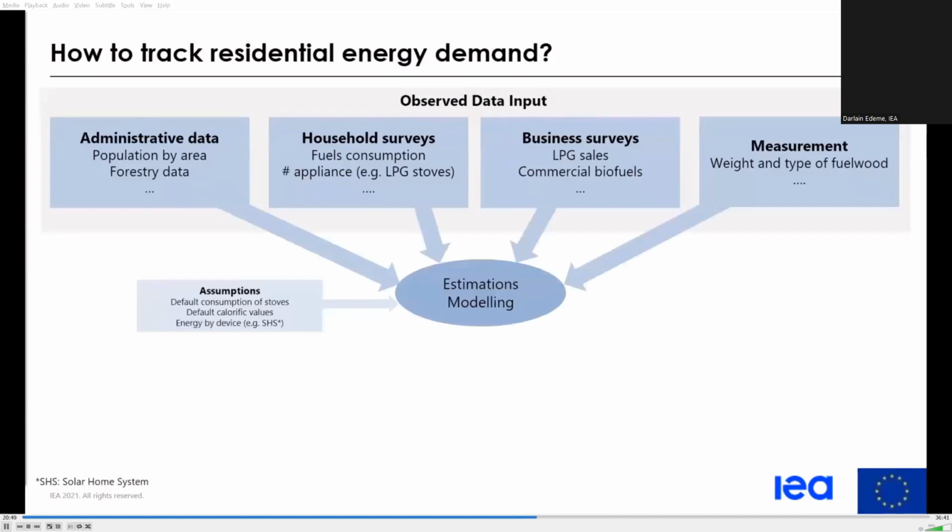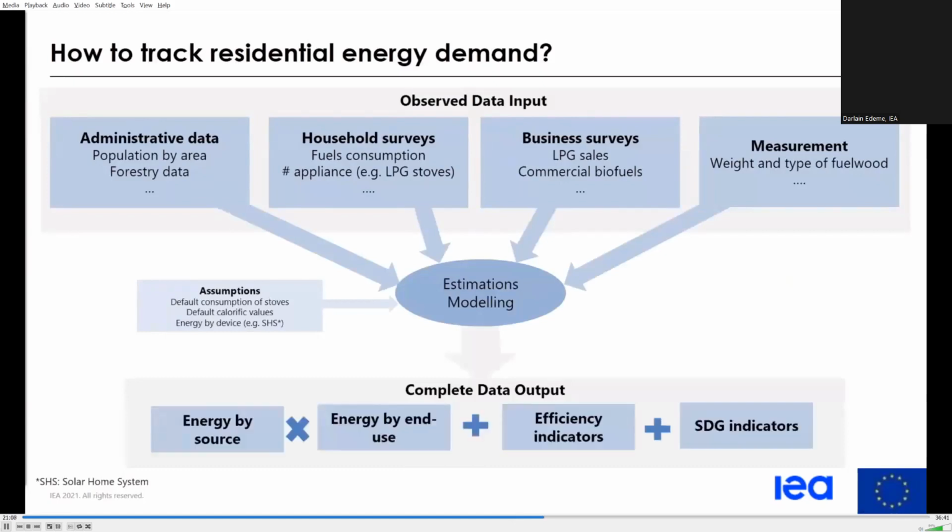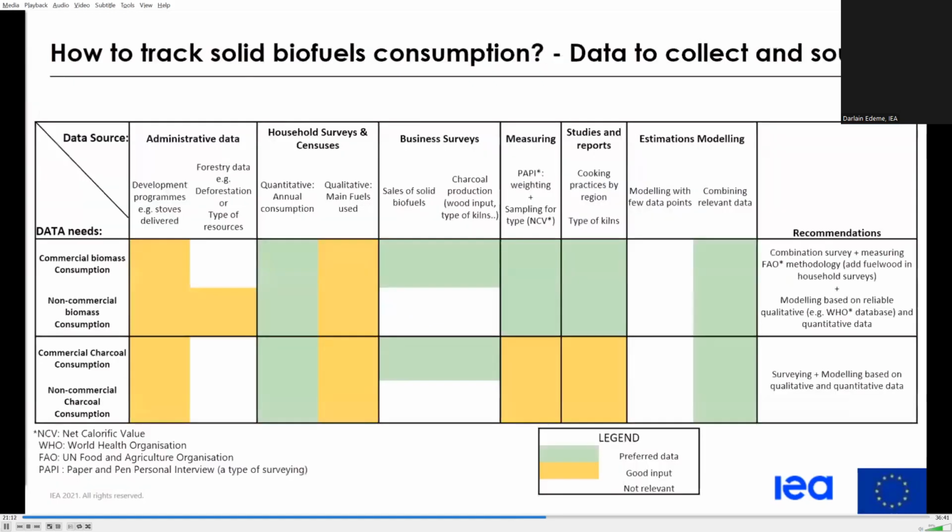Using those inputs with some assumptions of calorific values, consumption of stoves, and energy by device, we can derive some estimations using modeling in order to have complete data output for energy by source, by end use, and also calculate indicators.